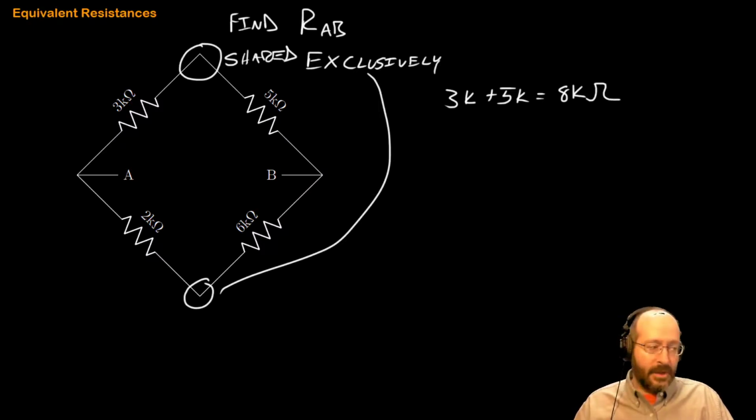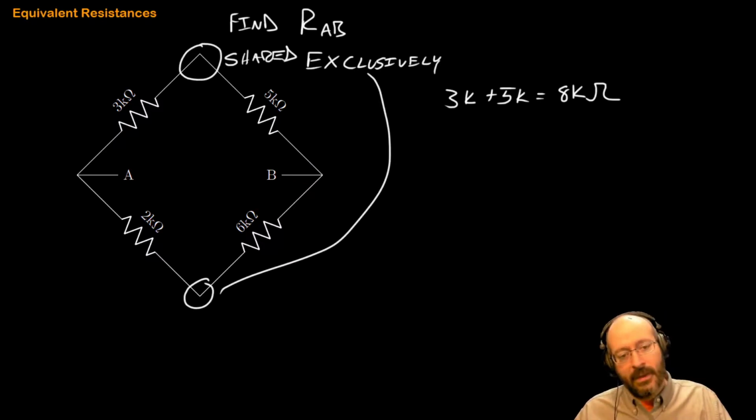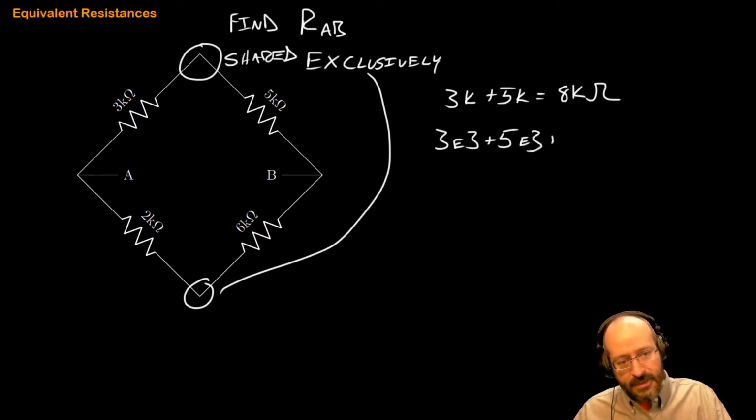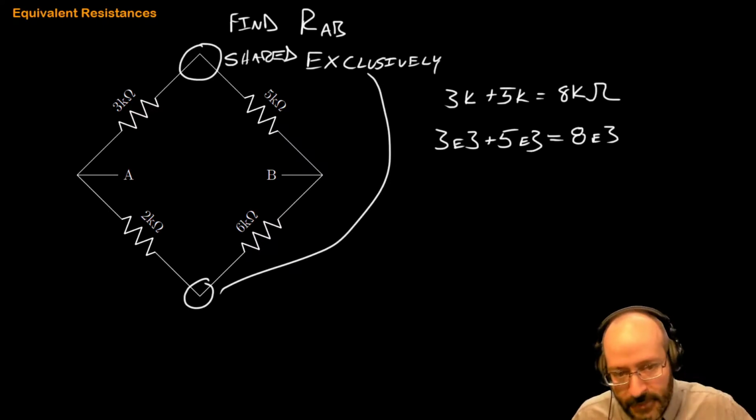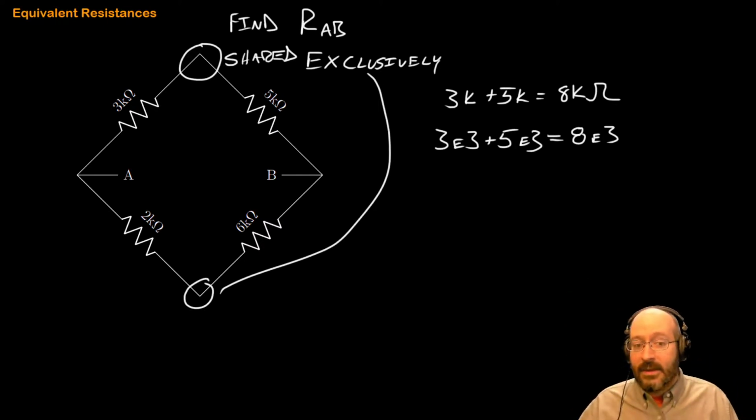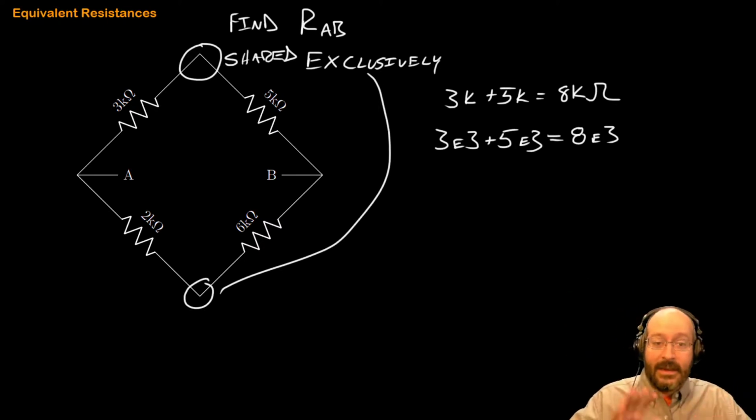Okay, now if you're plugging that in your calculator or MATLAB or whatever you're using to do these calculations, I hope you're doing these calculations along at home. It would be 3E3 plus 5E3 equals, and what's going to come out of your calculator is 8E3. Okay, if you make it part of the number, you don't have to think about it. Who wants to think less?